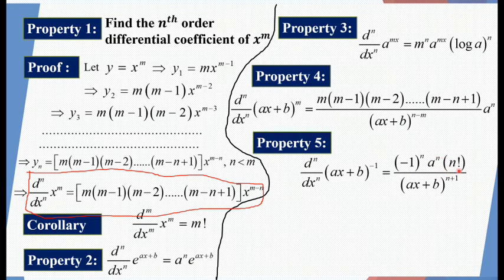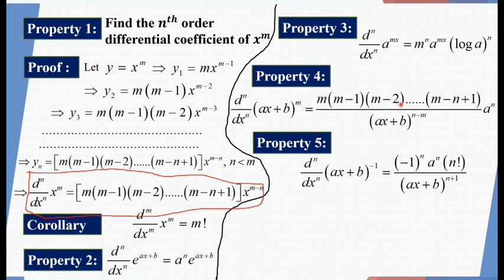Property number 5, nth derivative of ax plus b inverse is equal to minus 1 power n, a raised to power n into n factorial upon ax plus b power n plus 1. So how to prove it? If we put m equals to minus 1 in the property number 4, then it will be minus 1 into minus 2 into minus 3 up to minus n.